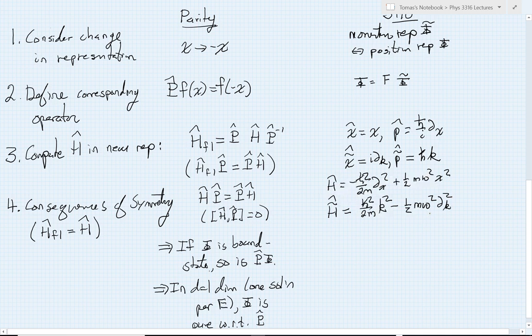And I'd like you to notice that indeed these are almost identical. Here I have two derivatives with a minus sign in front, and here I have two derivatives with a minus sign in front. Here I have x squared with a plus sign in front, and here I have k squared with a plus sign in front. I'm just a little bit off. In other words, the prefactor on the x squared here is m omega squared, whereas over here it's h bar squared on m.